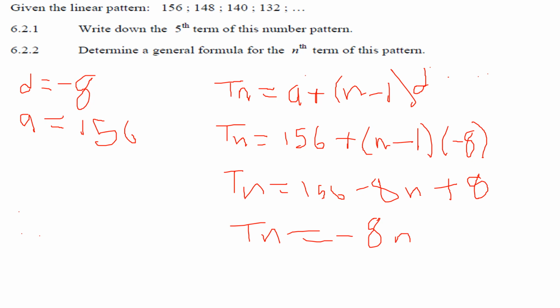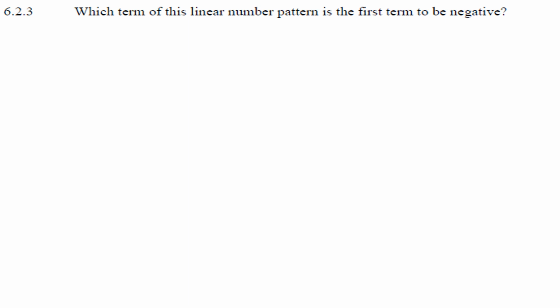Let's see, it's 156 plus 8, so it's going to be plus 164. So this is our general term of this linear pattern. So let's move to the next question. The next question says what?